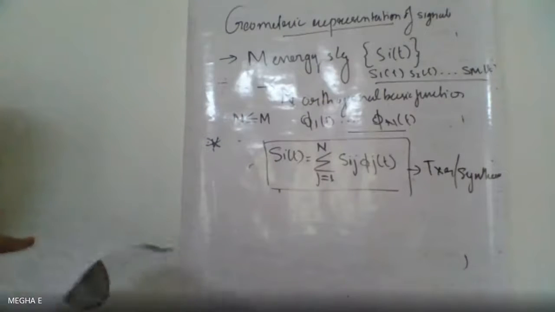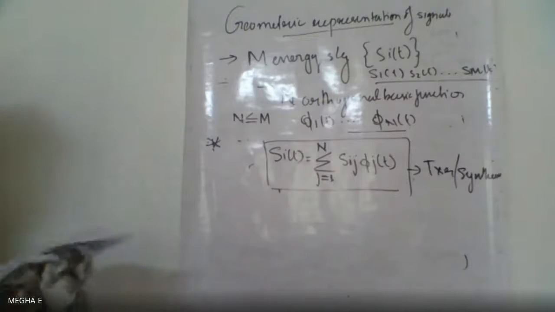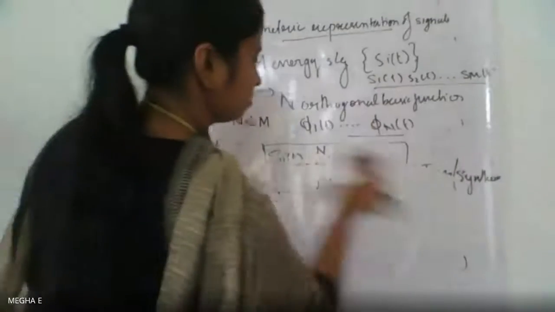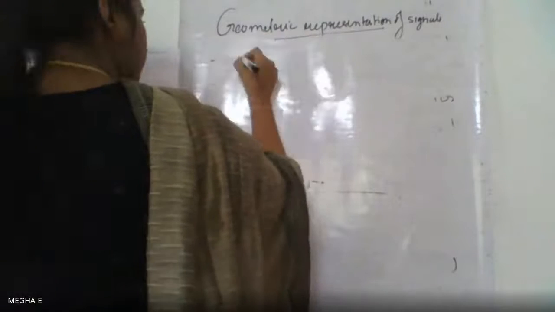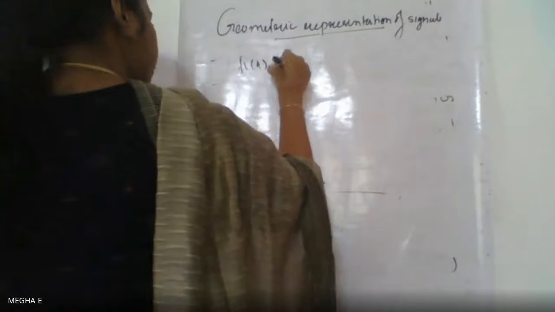So before going to that, have real valued basis functions phi 1 of t, phi 2 of t, which are orthonormal.